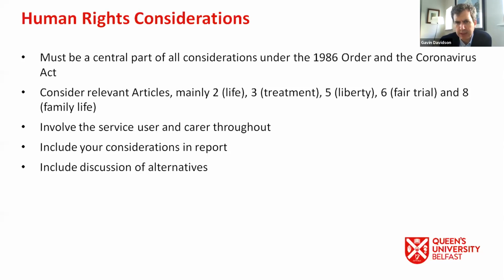And their Article 6 right to a fair trial is also relevant in terms of making sure that you're providing the person with as much information as you possibly can about what's happening and about the decision-making processes involved, so that you really do have to involve the person and their carers, particularly their nearest relative, throughout if practicable. And also in your report, you need to detail your decision-making process, that you considered less restrictive alternatives and why it wasn't possible to go with those. The regional format for your report will prompt you to talk about these considerations, but you do need to discuss them in your report.